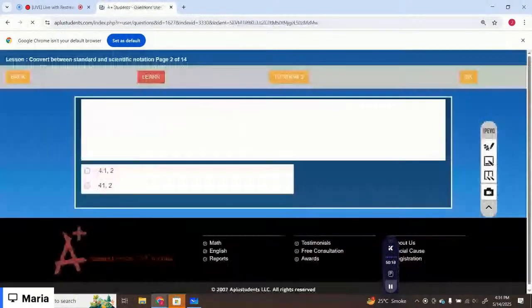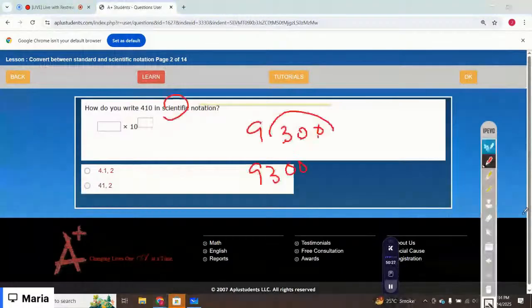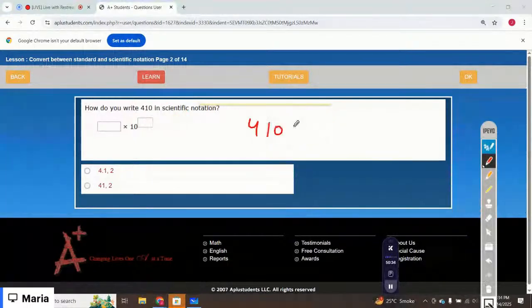Okay, the next one is how do we write the number in scientific notation? We need to know where the decimal point is, and then move the decimal point from here to here. That is 4.1 times 10 exponent.